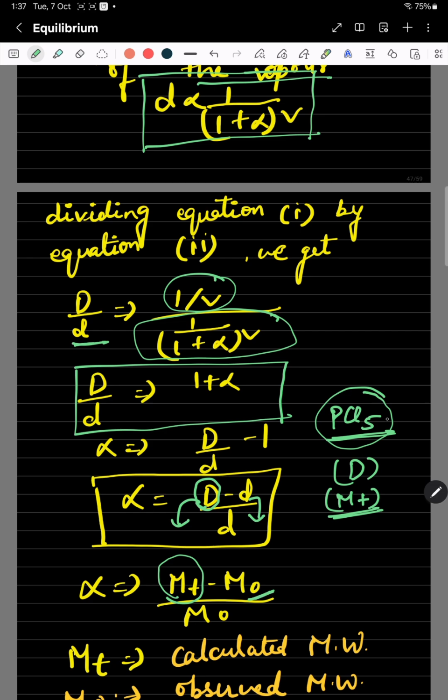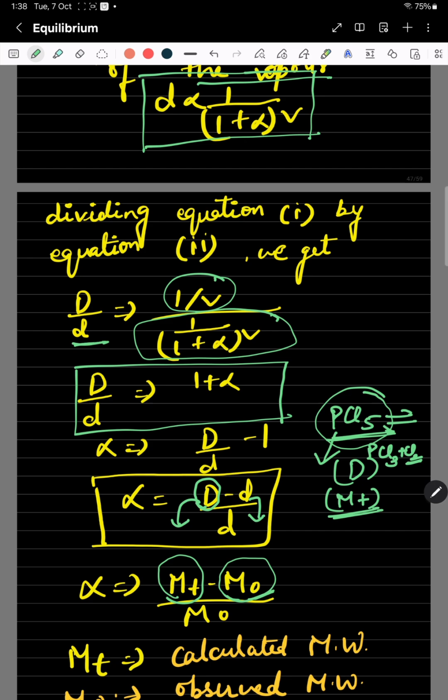Once it has dissociated into PCl3 plus Cl2, we observe that some mass has changed, so the vapor density has changed.